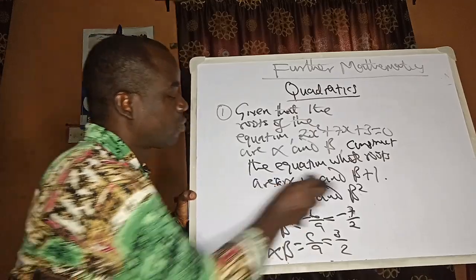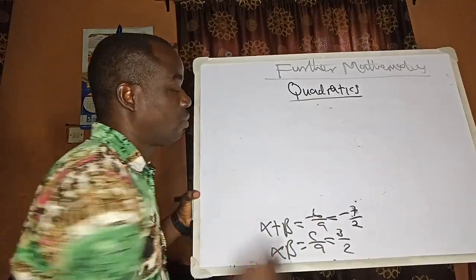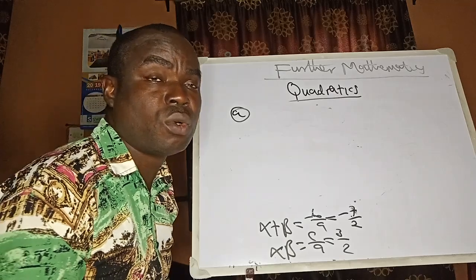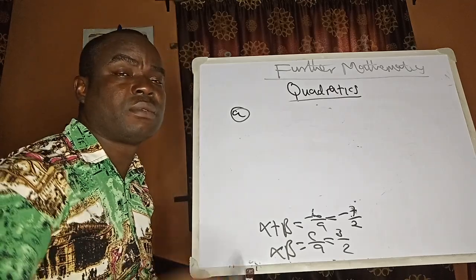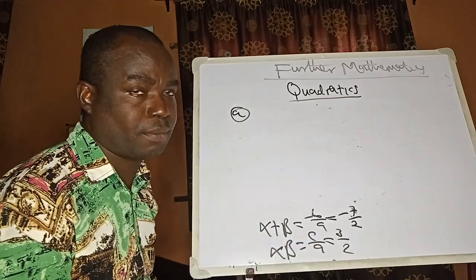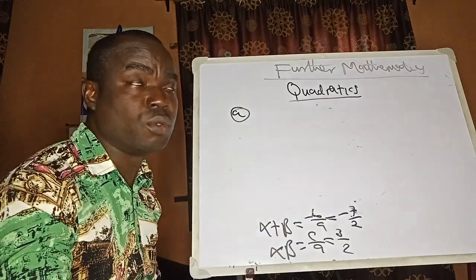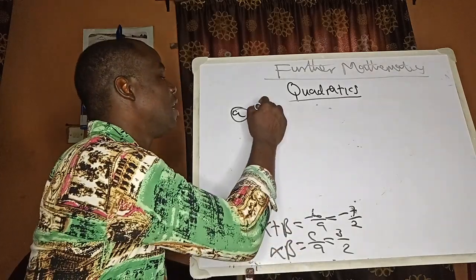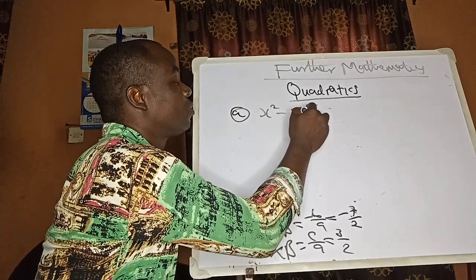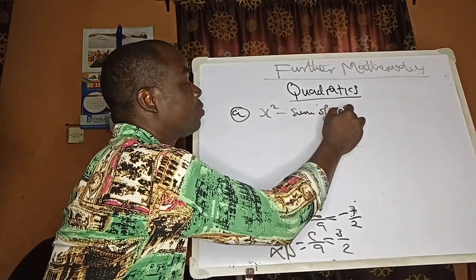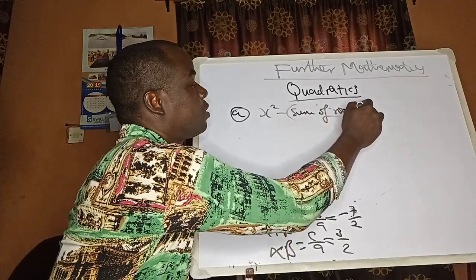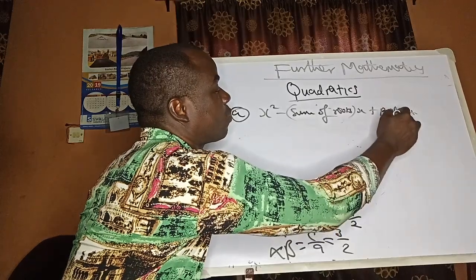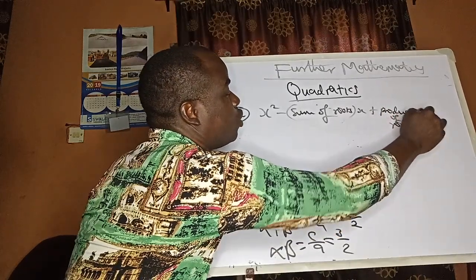Let's solve the question. Number 1 says we should construct the equation whose roots are alpha plus 1 and beta plus 1. Like I taught you in the previous video, anytime they ask you to construct an equation, you use this formula: x squared minus sum of roots times x, plus product of roots is equal to 0.